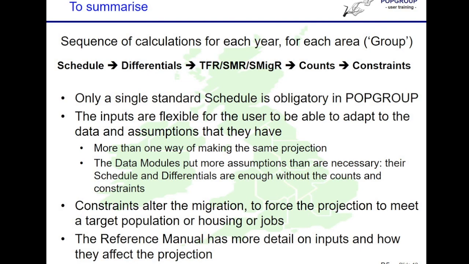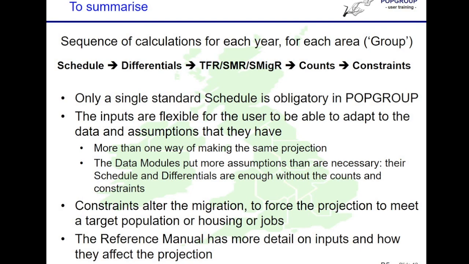And a really important point to make is that there is often more than one way of making the same projection. So we can specify schedules, differentials, and counts in different ways to get the same end results. And it's the case that the data modules that we use to produce projections of population for Edinburgh and East Dunbartonshire, replicating those produced by the National Records of Scotland, certainly do contain more assumptions than are necessary.